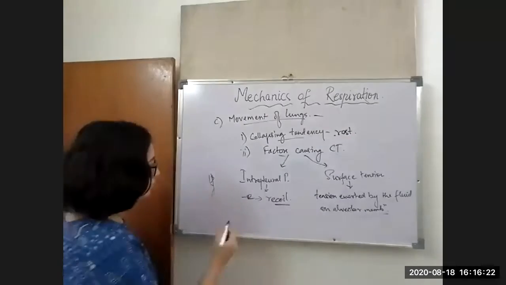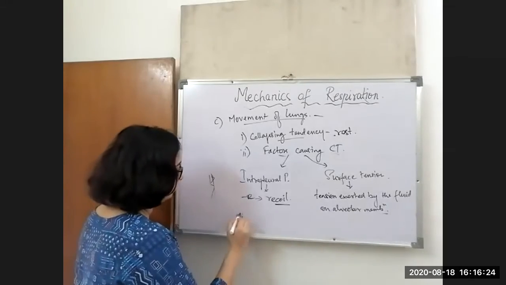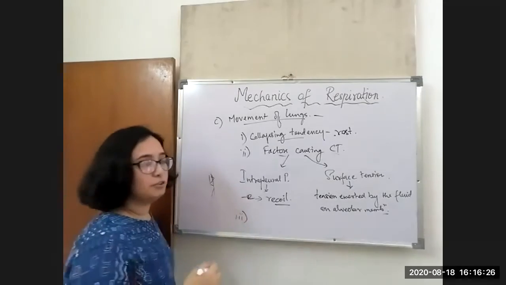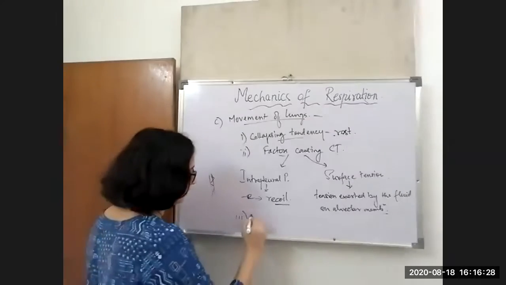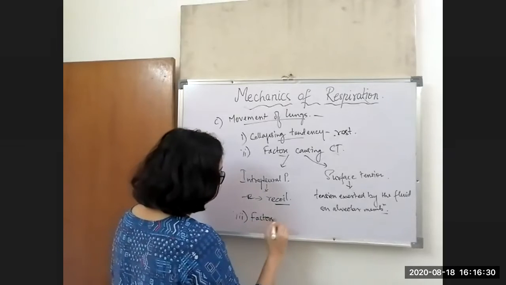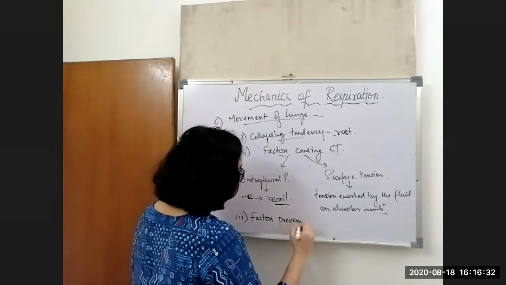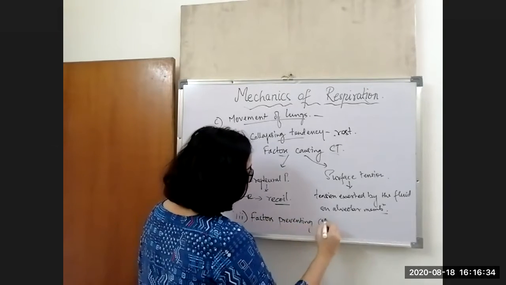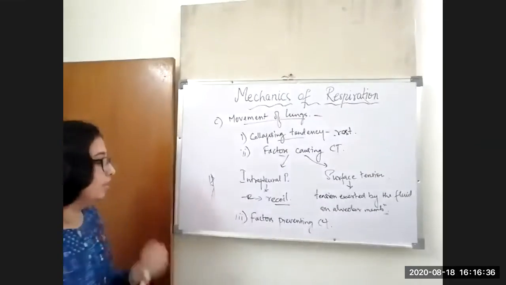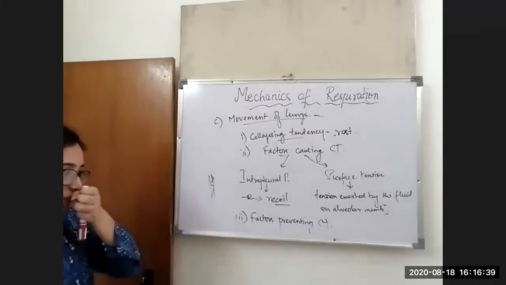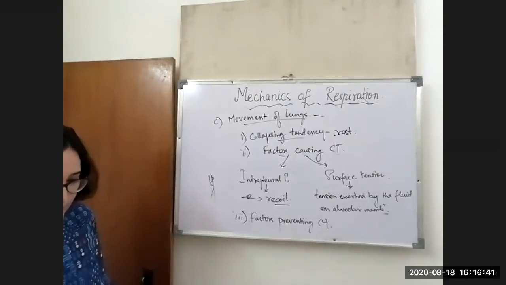Now, third, what are the factors which will prevent this collapsing tendency? So, factors preventing this collapsing tendency of the lungs. Mainly there are two factors which prevent the collapsing tendency.